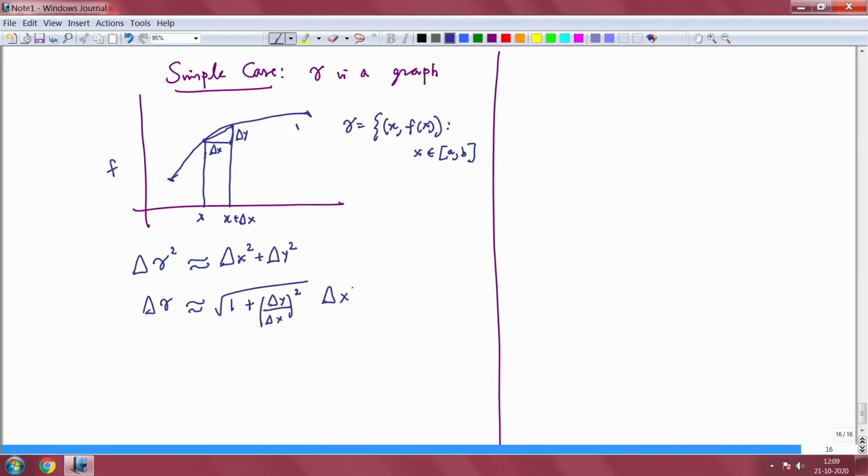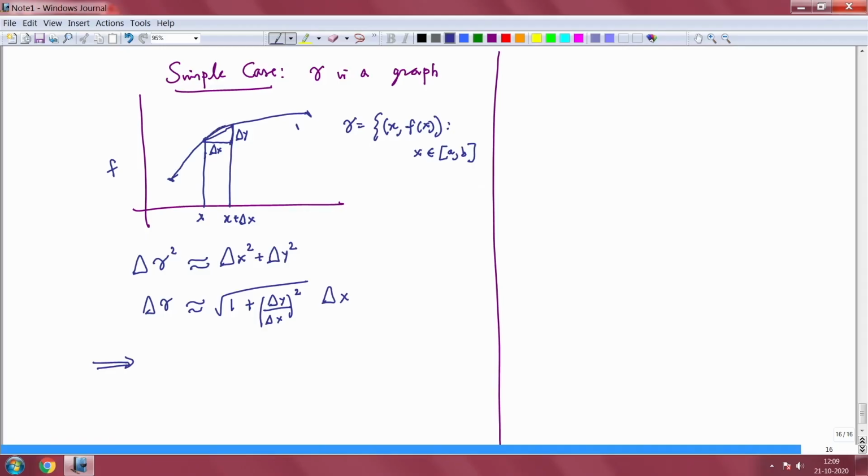Now you do a limiting analysis with partitions, and take the limit. So, this is precisely a small element.